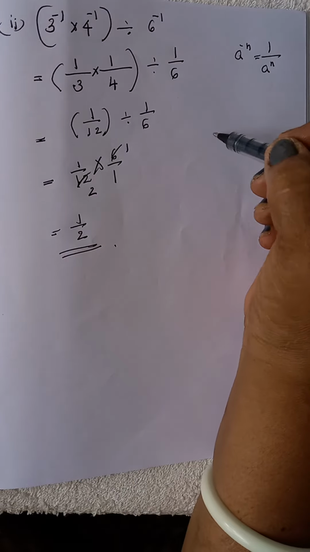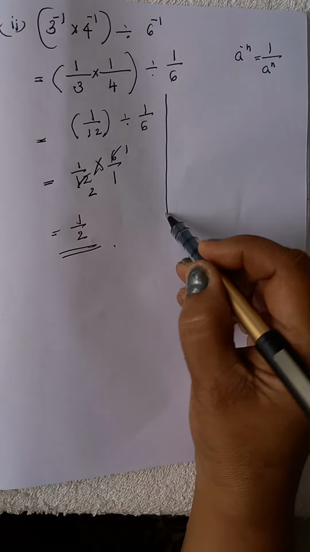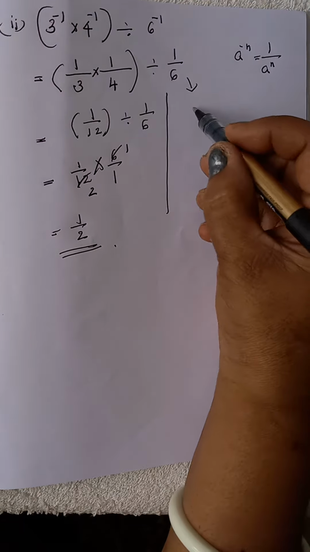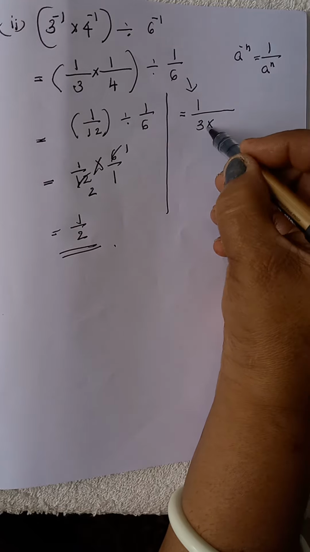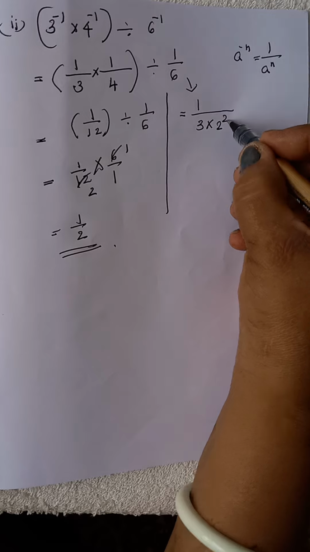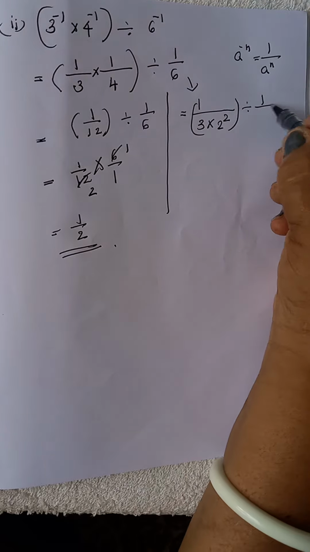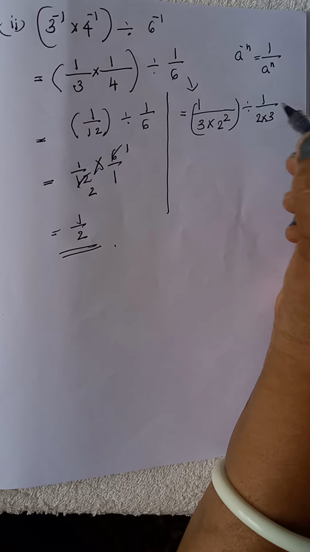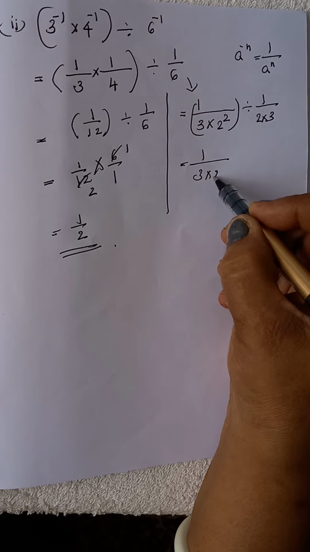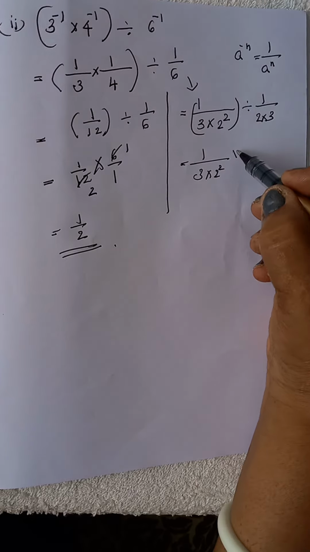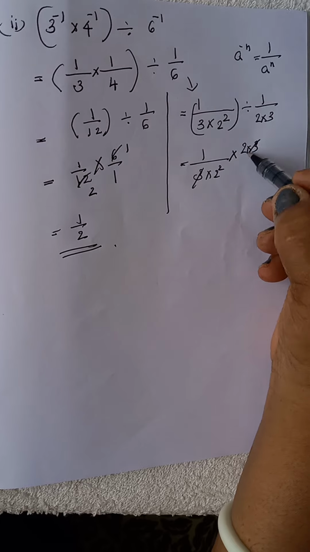From this step onwards, we can do it another way, applying this law. From here, this can be written as 1 by 3 into 4, which can be written as 2 raised to 2, divided by 1 by 2 into 3, since 6 is 2 into 3. Now that is equal to 1 by 3 into 2 raised to 2, into 2 into 3, since division is the inverse of multiplication. Now 3 and 3 can be cancelled.